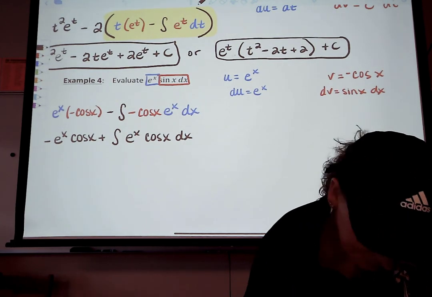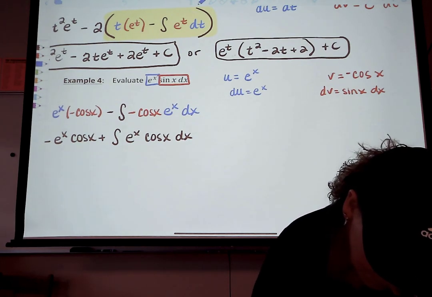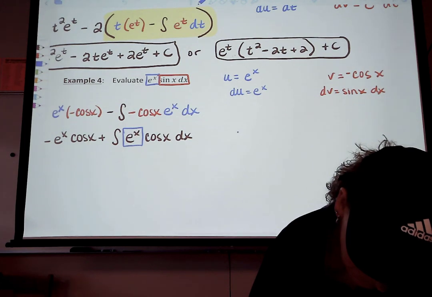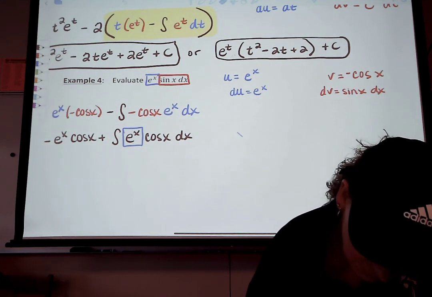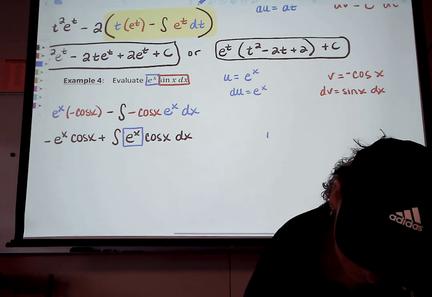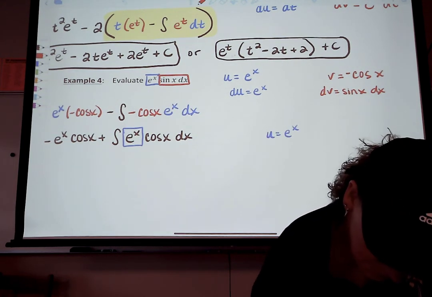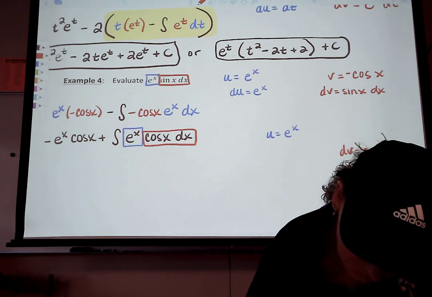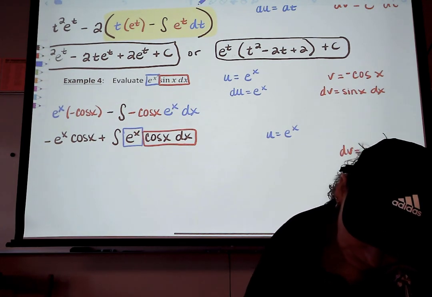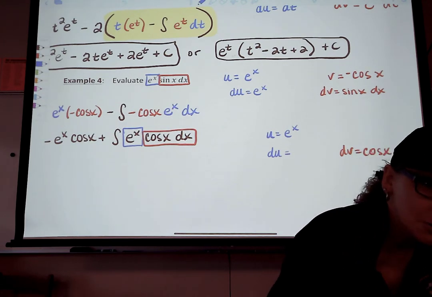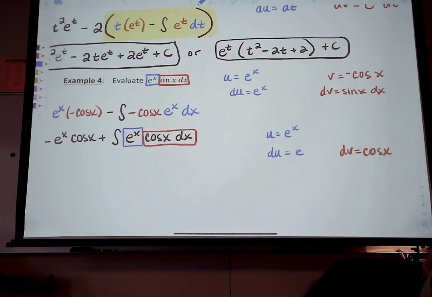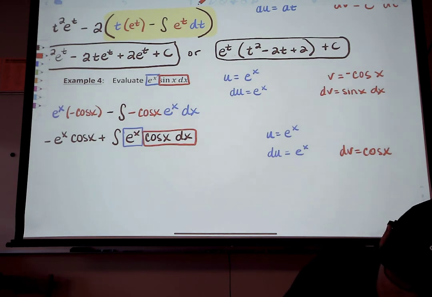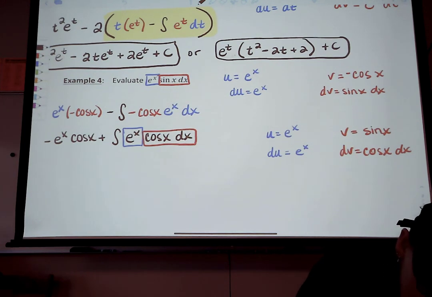Let's try it again. So du is equal to e to the x dx, and v is equal to sine x. All right, let's see what happens.